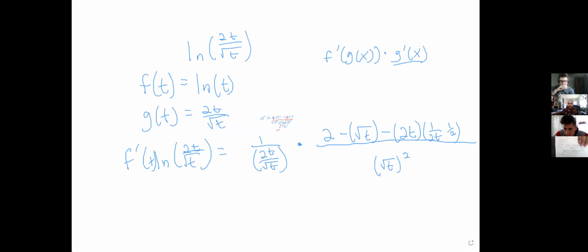To get the chain rule, it's f prime. So this is what we got for f prime, but it's multiplied by g. So we multiply it again by the 2t over the square root t. So wouldn't that just cancel itself out and that would just leave us a 1, right? Or are we multiplying it by itself?